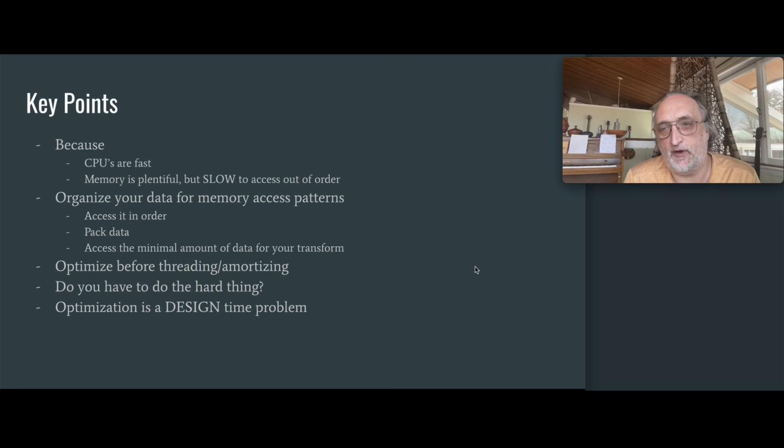And do you really have to do the hard thing? Is it performant enough? Is there a way out of this particular thing you're trying to do? And so think about this as a design time problem, right? Of how do I make my systems so that they are performant, and not as a, hey, I've found a performance problem and now I'm going to restructure all the data in the world.